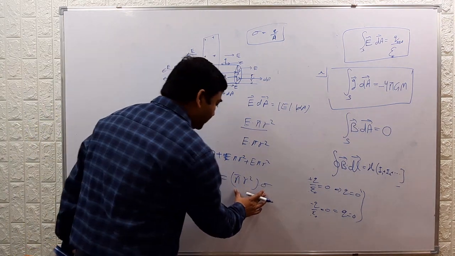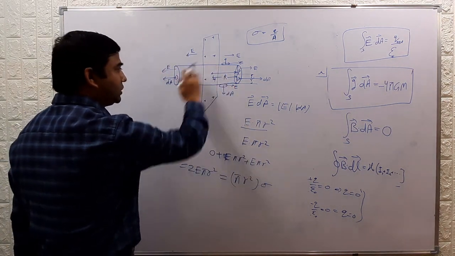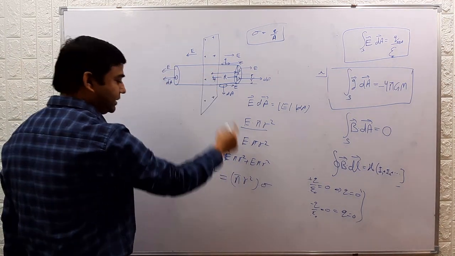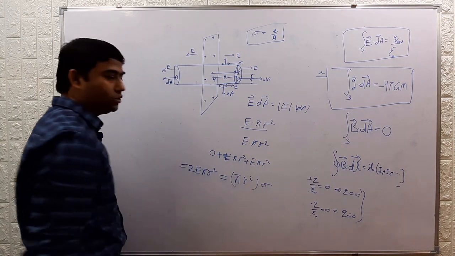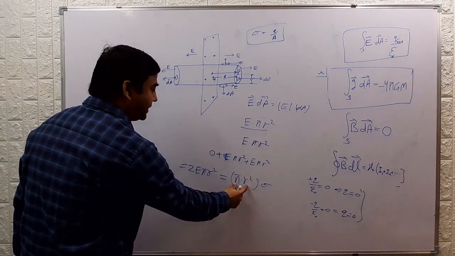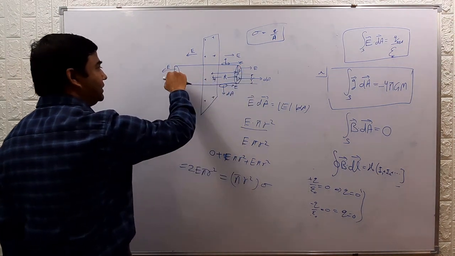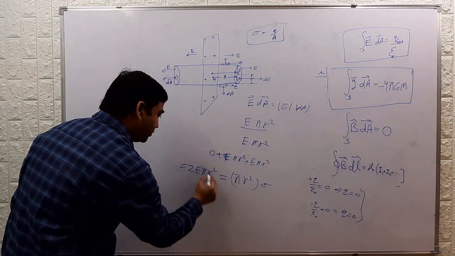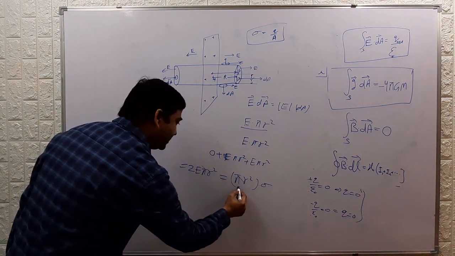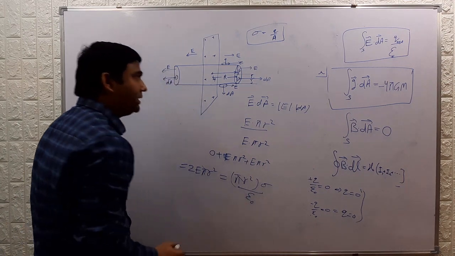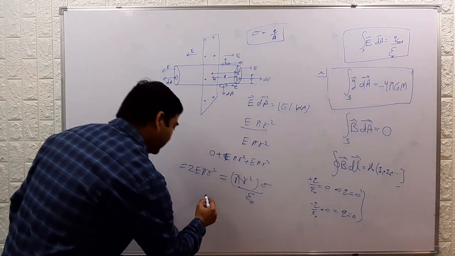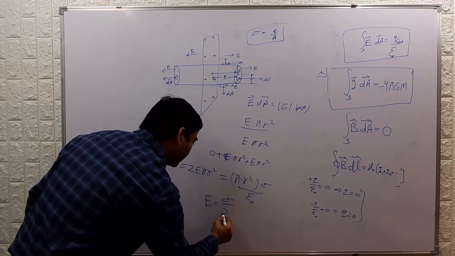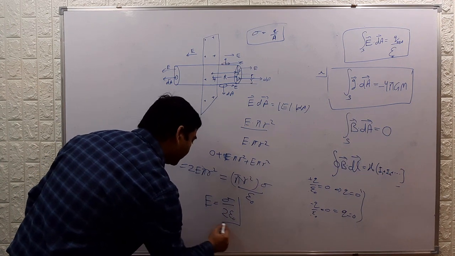So the total charge inside this horizontal cylinder is the area of the sheet cut by the cylinder times the surface density of charge. Area is pi r squared, where r is the radius of this horizontal cylinder. This pi r squared cancels, divided by epsilon 0 by Gauss's law. So E is equal to sigma by 2 epsilon 0.